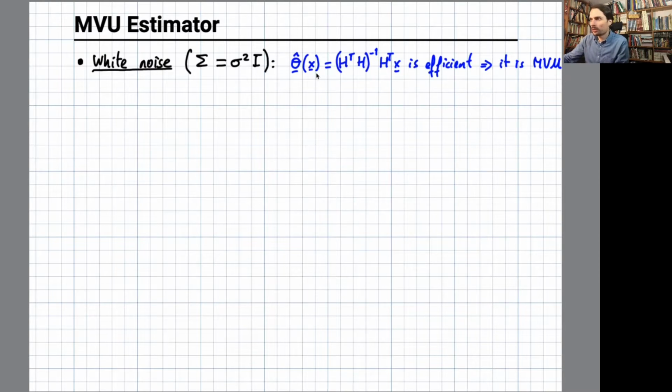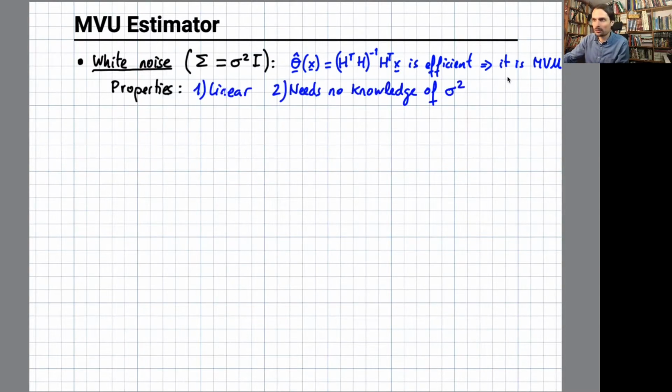So, to sum up, this is the efficient estimator when the noise is white, and therefore it is also the MVU estimator. Obviously it is a linear estimator, and it doesn't need knowledge of sigma square.